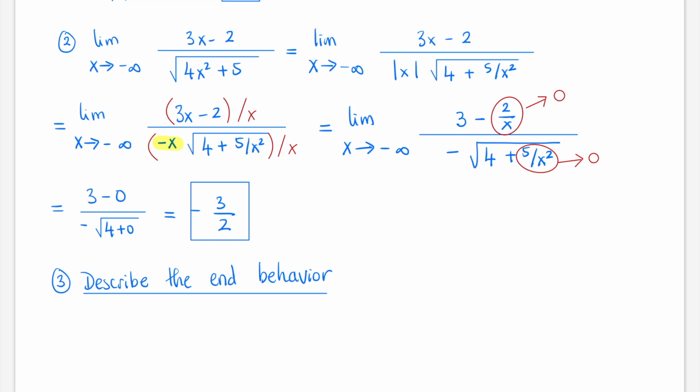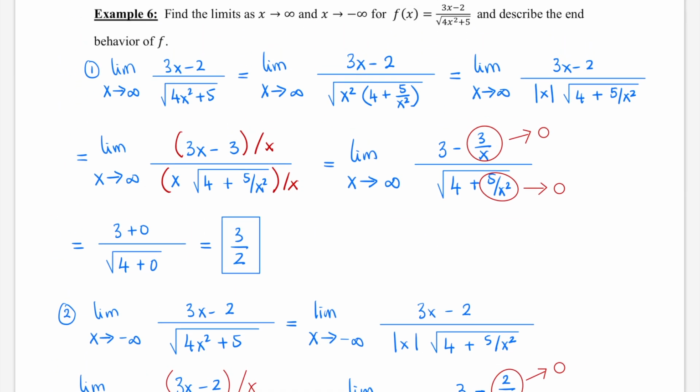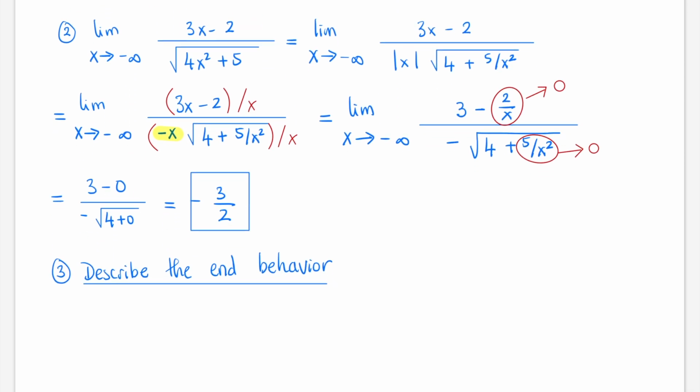Now, let's use these two limits to describe the end behavior of the function. As x approaches infinity, the function approaches 3 over 2. And as x approaches negative infinity, the function approaches negative 3 over 2.